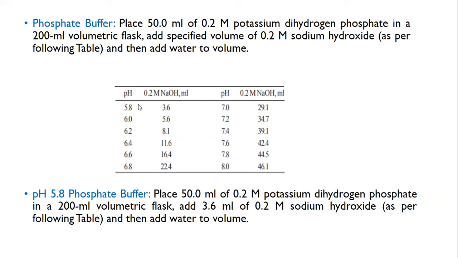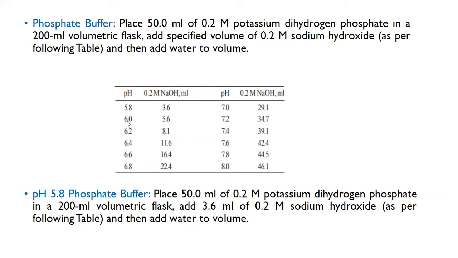This table represents the volume of NaOH required to produce different pH phosphate buffers. Everywhere the volume of 0.2 molar potassium dihydrogen phosphate is constant, that is 50 ml, but the volume of 0.2 molar NaOH differs as the pH differs.